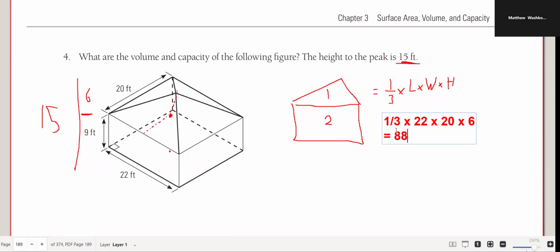880 cubic feet for the pyramid, right? That's the pyramid. Now we have to do the rectangle. Rectangle's pretty easy, right? We already have the 3 measurements from last time. It's length times width times height for rectangular prisms. 22 times 9 times 20.